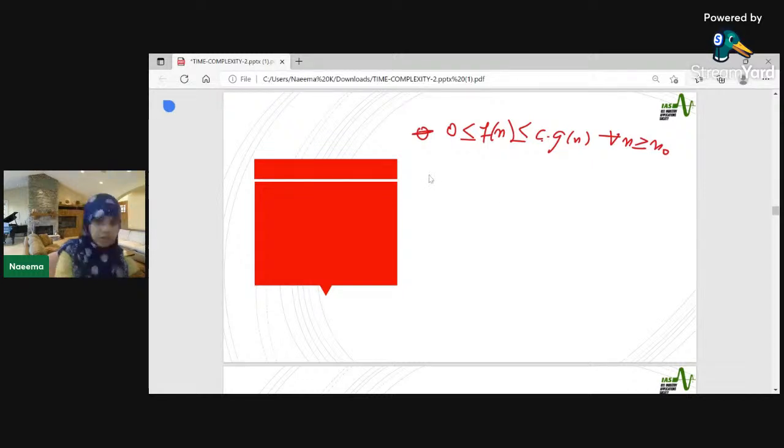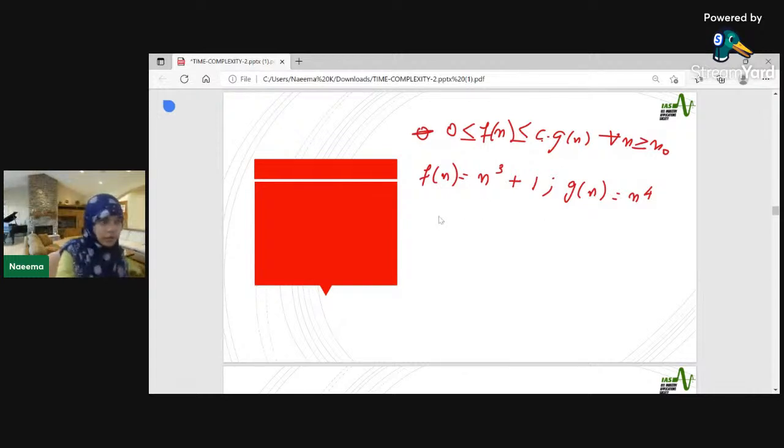Let me show you with the help of an example. Let's say f(n) is the function n cube plus 1, and we have to see if g(n) is n power 4.